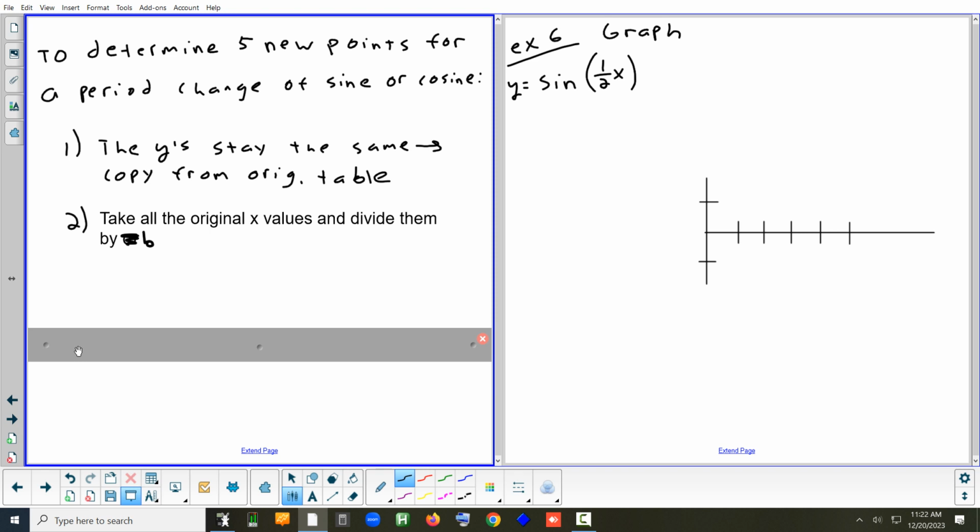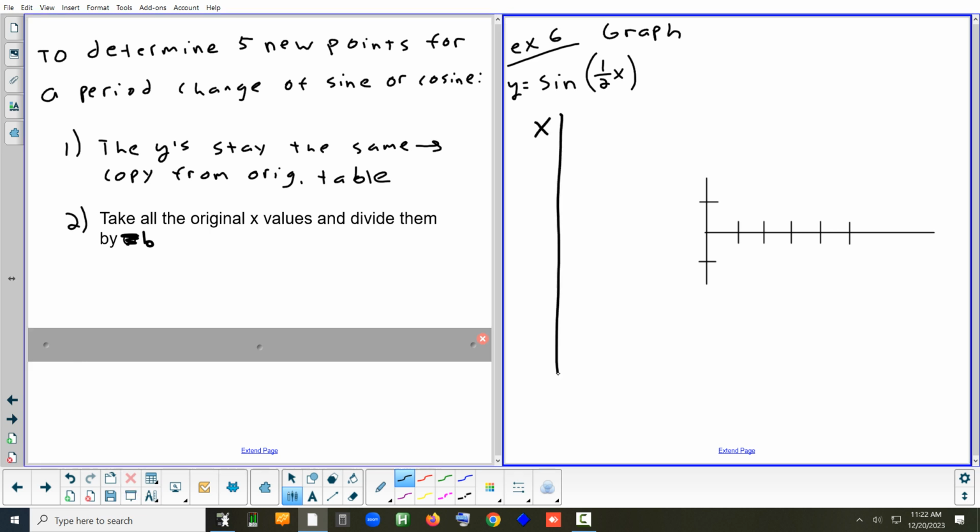Okay, so let's try number 6. We know that that is a period change because there's a number in front of x. Someone said it's like a coefficient. That's what it is. So with a period change, which column is going to stay the same? And can you tell me my y's for sine? 0, 1, 0, -1.